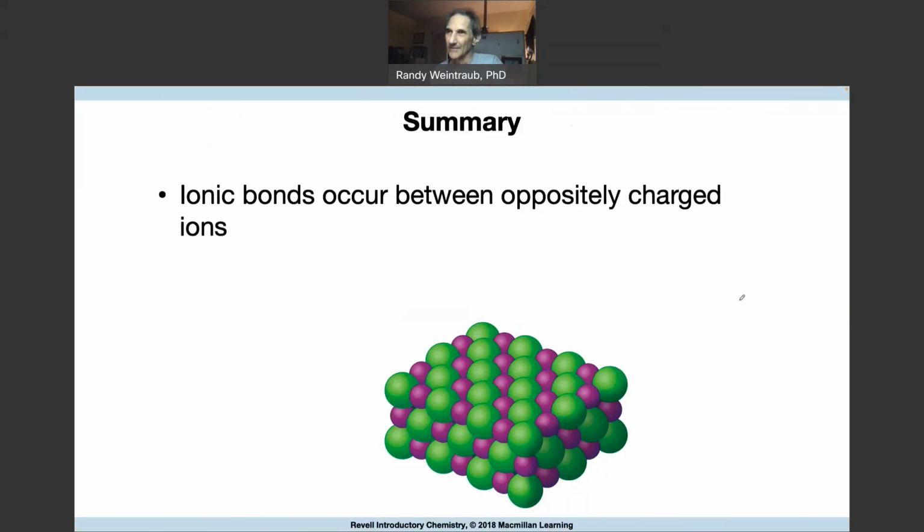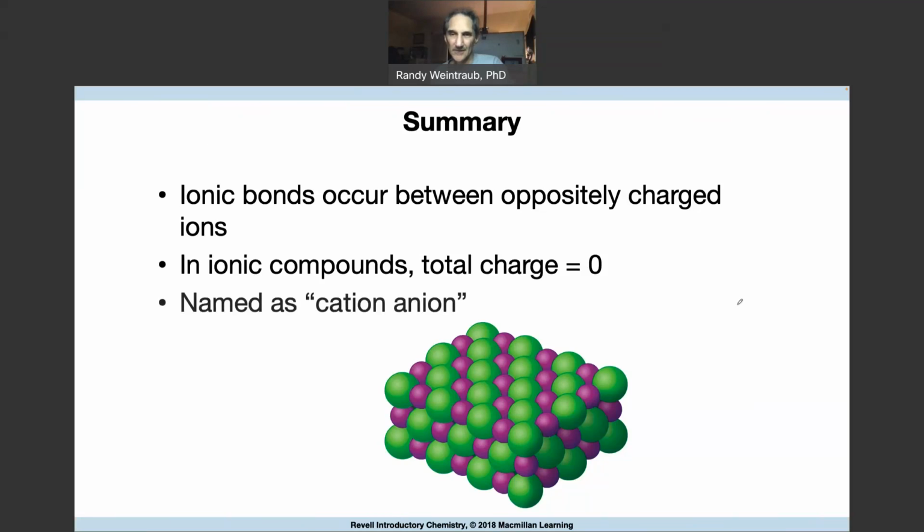So in summary, with what we've just spoken about, ionic compounds and ions. First, ionic bonds occur between ions of opposite charges. Compounds that contain ionic bonds are called ionic compounds. In an ionic compound, the total charge must be equal to 0.